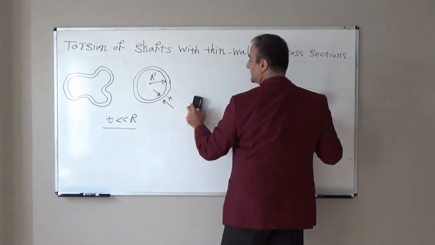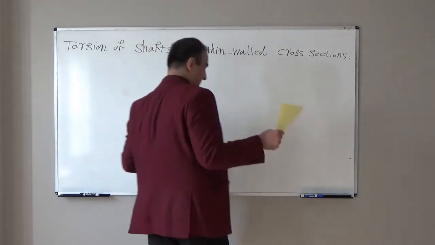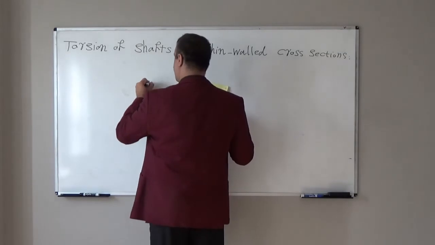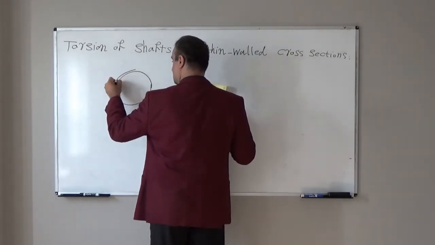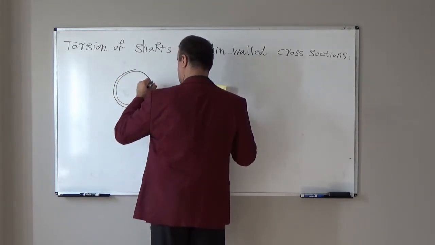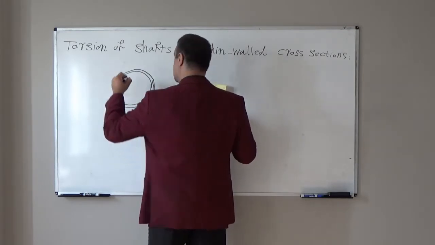Regardless of the shape of the cross-section, we can prove the formula. For example, I assume one thin-walled cross-section. The thickness is very small, okay?